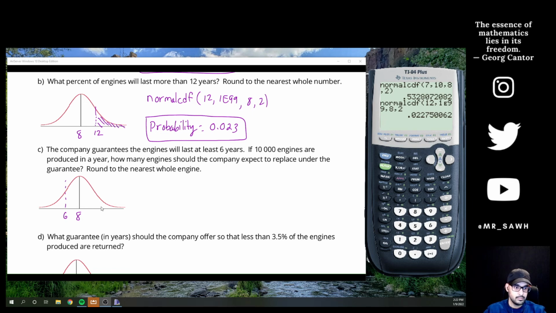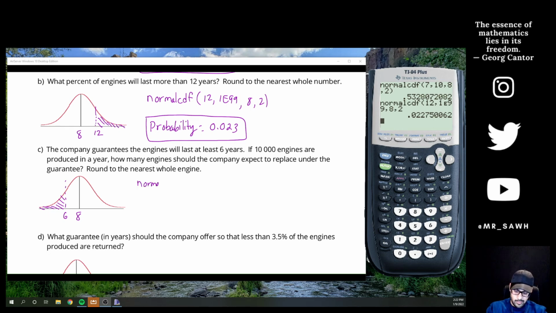So they're going to expect to replace a lot of them, I would imagine, because you're going to replace it if it's 5 years, 4 years, 3, 2, or 1, right? You're going to replace any number less than 6. So we need to find out the probability that a lawnmower gets replaced, and then find out how many that translates to if 10,000 are made.